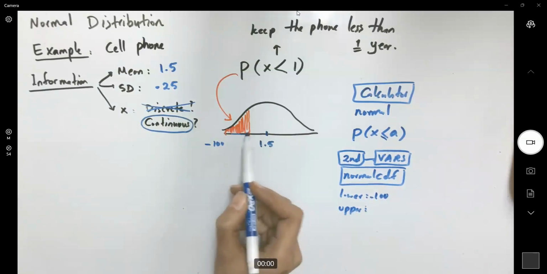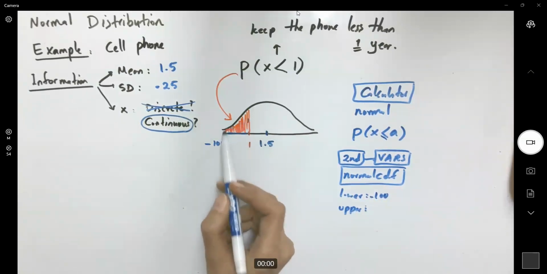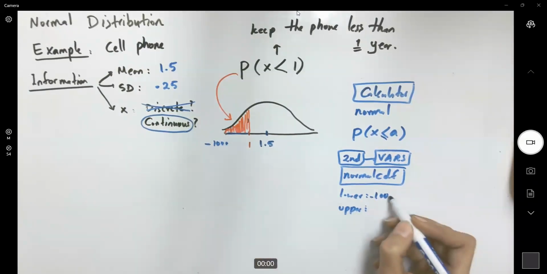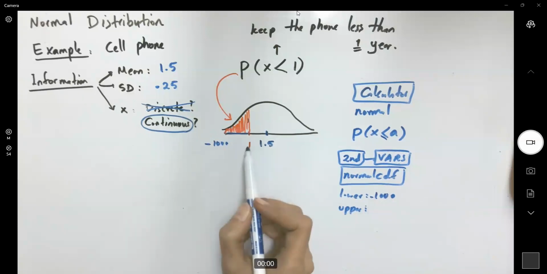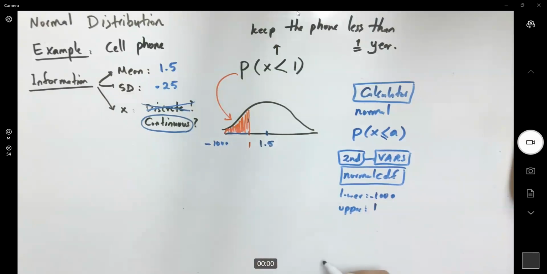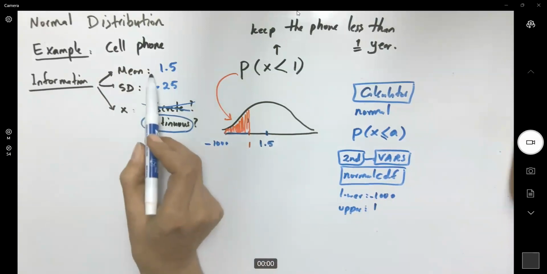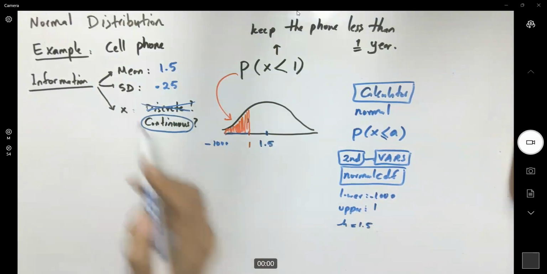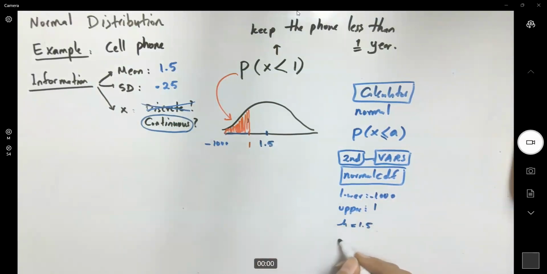We want to know what is this probability, what is this area. Lower limit is negative 100, negative 1,000 if you want to be safe, and your upper limit is 1. What is the mean? Mean is 1.5. What is the standard deviation? Standard deviation sigma is 0.25.